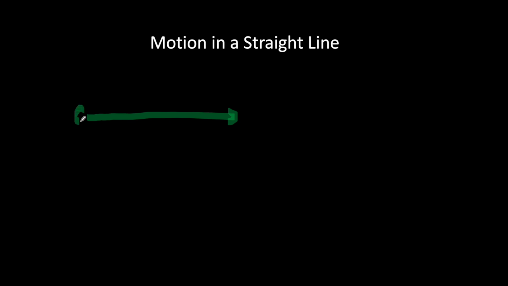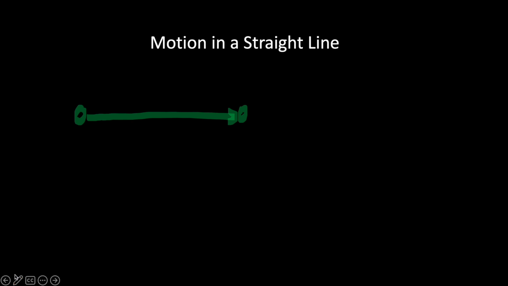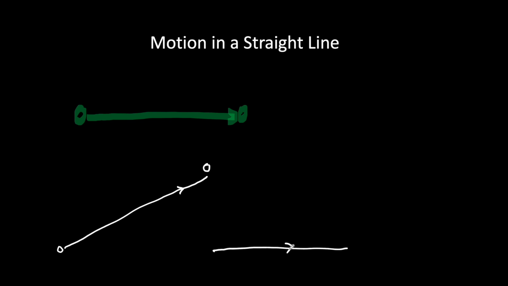A body was here and came here in a straight line. So in this chapter what we are going to study is the change in position of a body with time along a straight line.